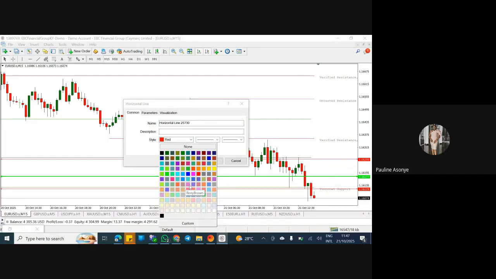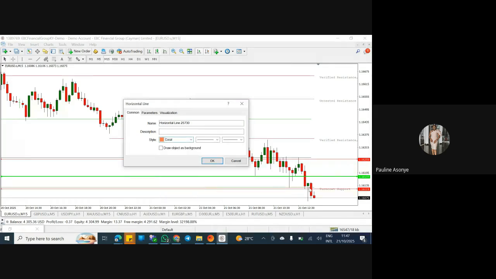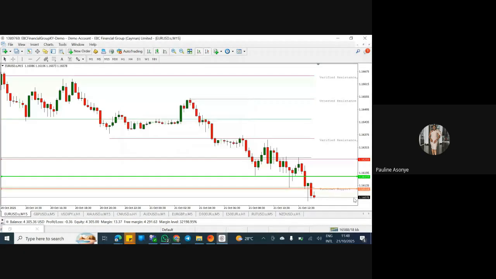I like to use anything close to red, like coral, orange. I usually use orange. I'm looking for it now. So let's use coral because it is what I can see now. But normally on my charts, you see orange, right? So you can see that this is my sell.